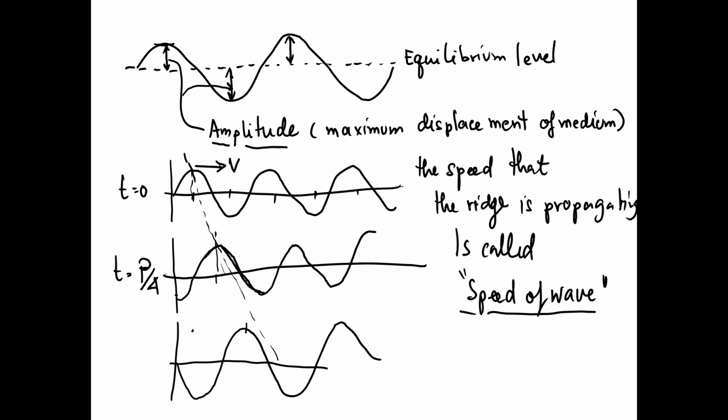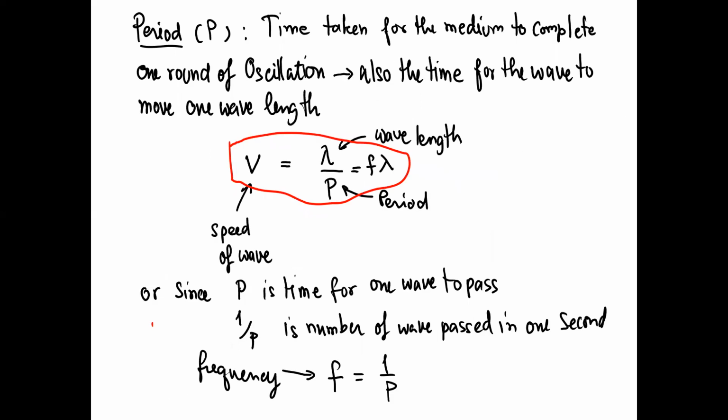a movement. And if we take a look at the maximum point of the wave, you see that it is pushing forward. And the speed that the wave is moving forward is called the speed of the wave. Because if the wave travels by one wavelength, it takes a time equal to the period of vibration of the medium.